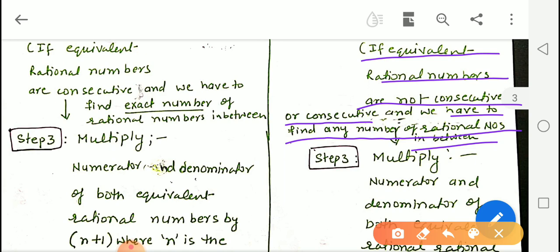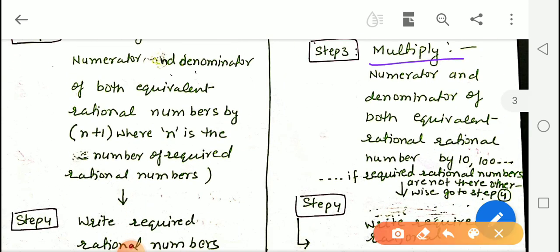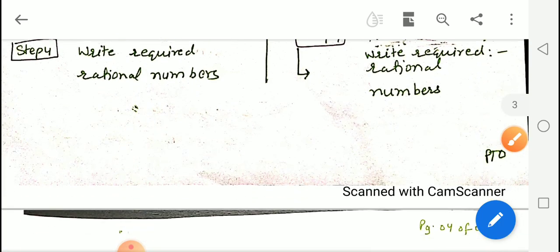In that case, we will multiply the numerator and denominator of both equivalent rational numbers by 10, or 100, whatever is the requirement, and we will find the numbers between them. I'll explain this with an example.